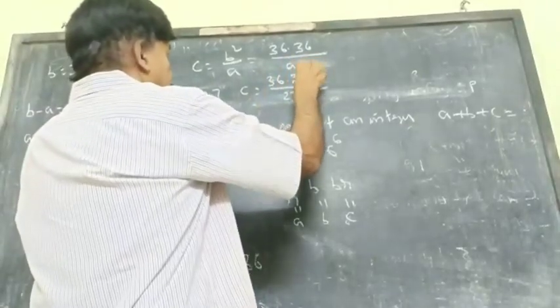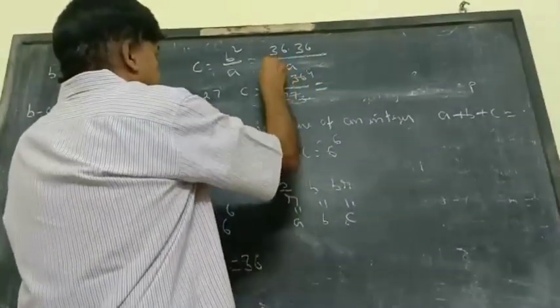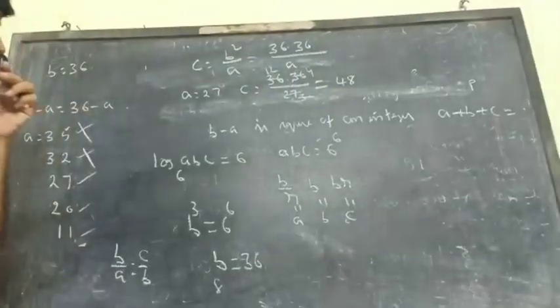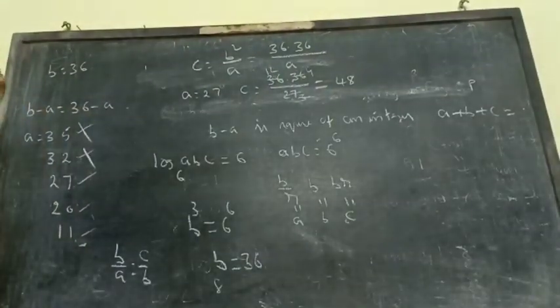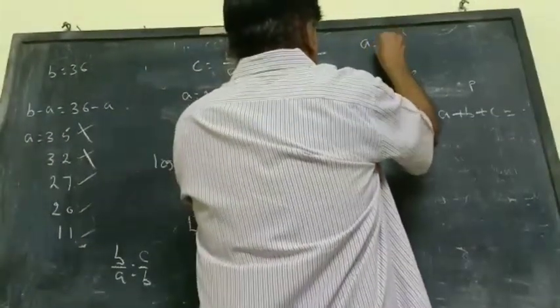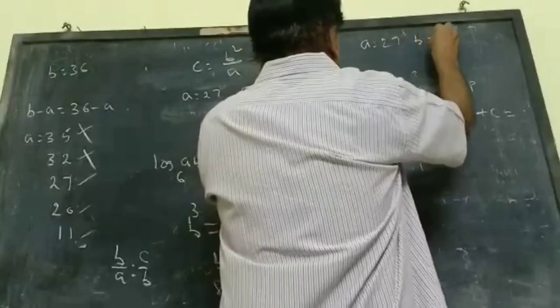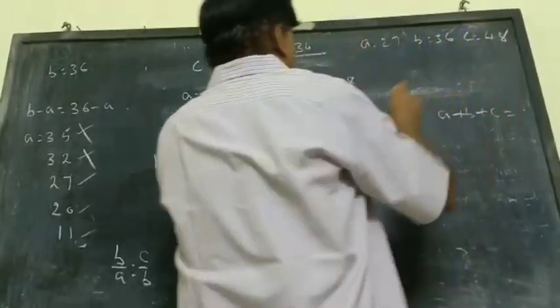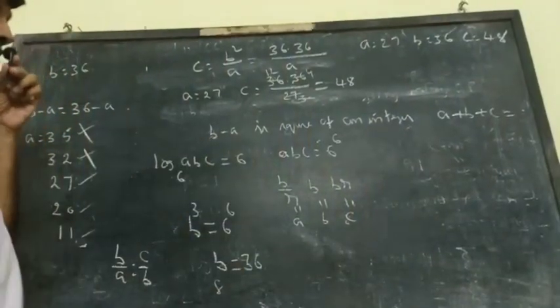This is 9 fours, 9 threes, 3 twelves, which is 48. So C is 48 you will get. So A is 27, B is 36, C is 48, one value. We got one value like this.